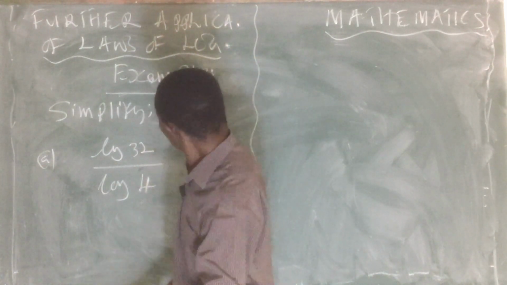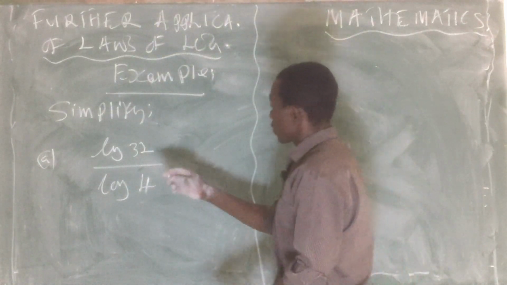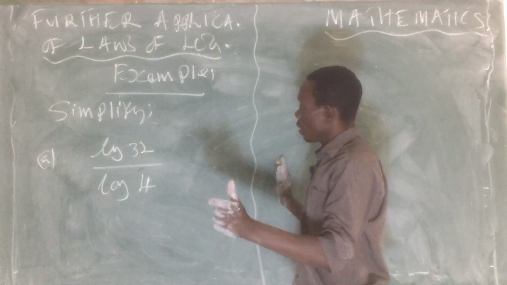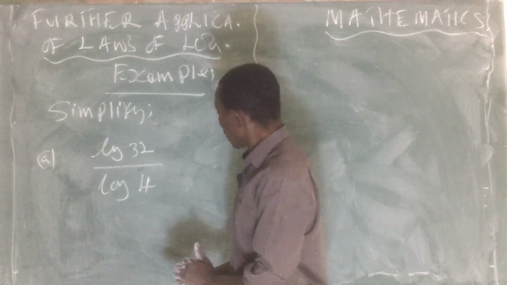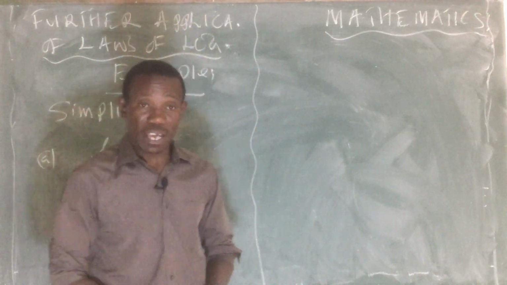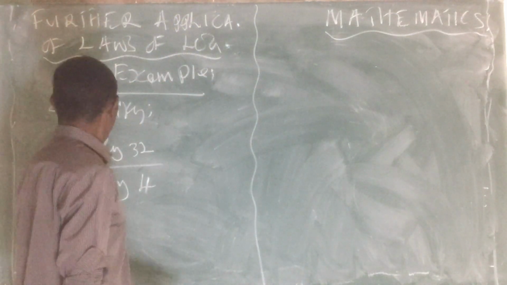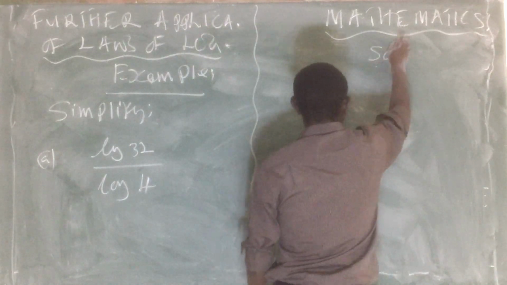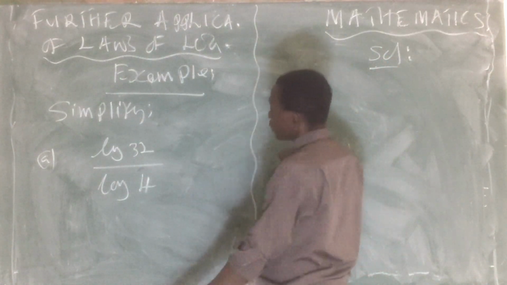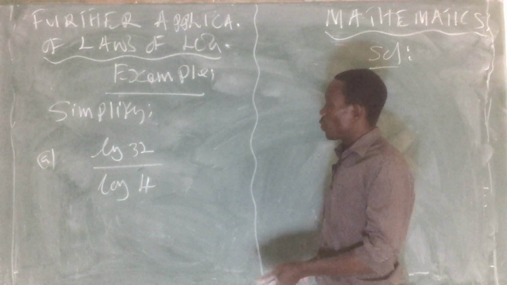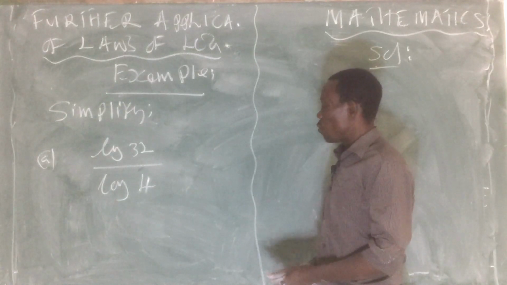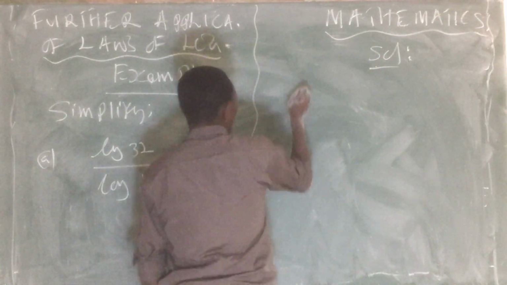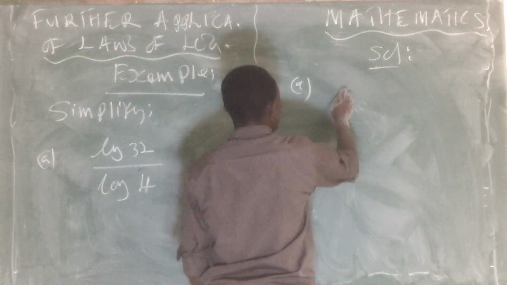Secondly, I'll write the other one. So first, because of the space, let us write 1, and then we work on it, and I'll bring the other one. So here we are given this expression where we are dividing log of 32 by log of 4. Right. So how do we work on this?